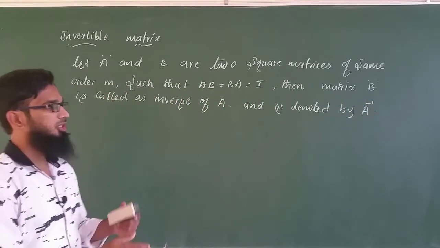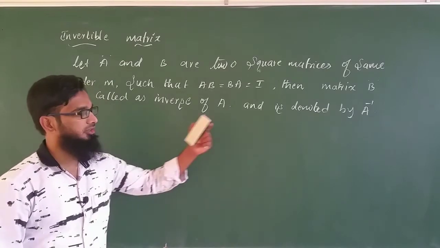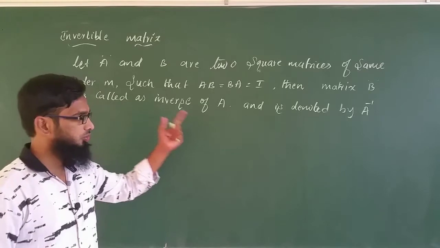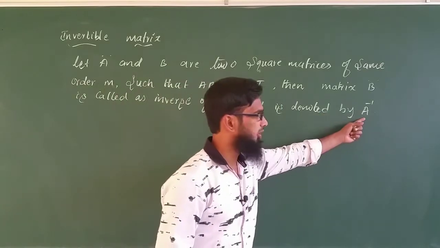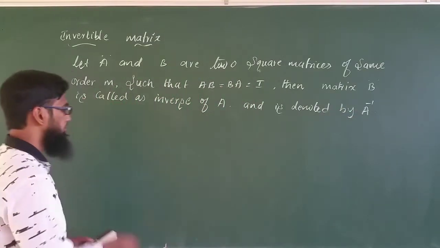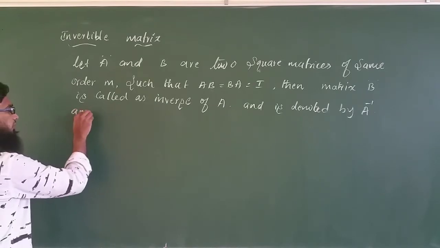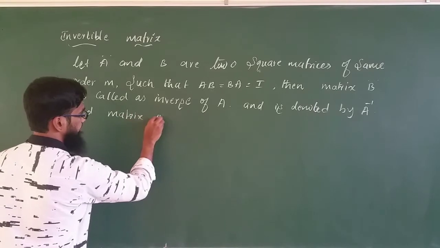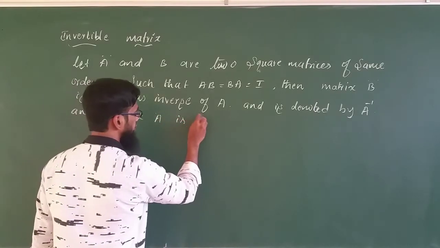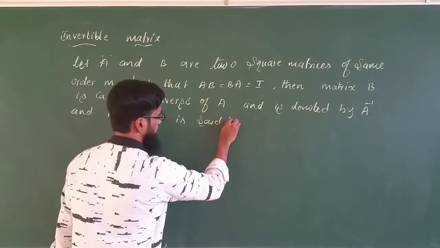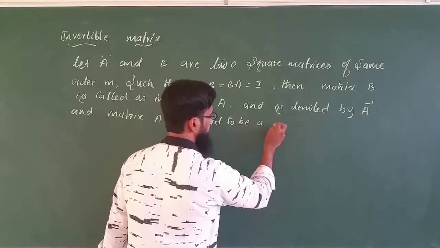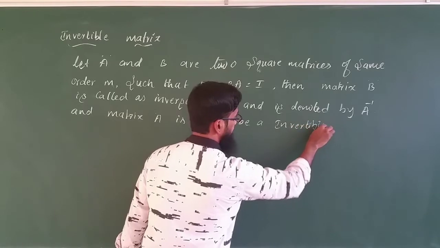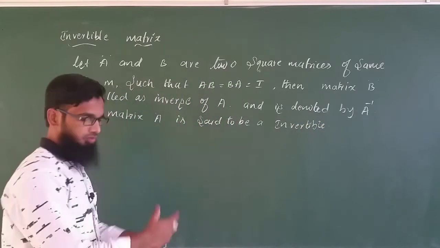That means the matrix B can be represented as A inverse, because matrix B is the inverse of A, so that inverse can be represented by A to the power minus 1. And the matrix A is said to be invertible.